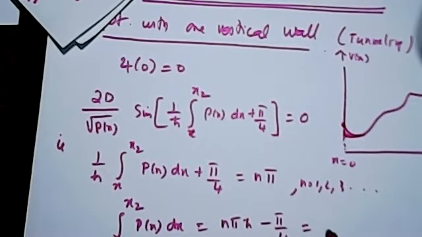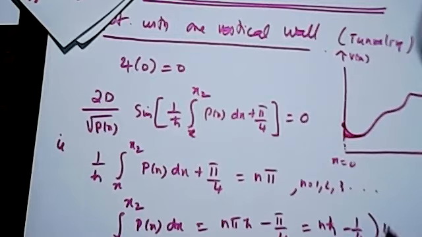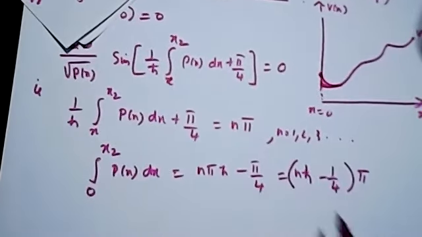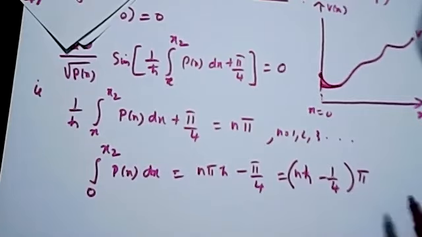Pi you can take as common, so n minus 1 by 4 into pi h cross.